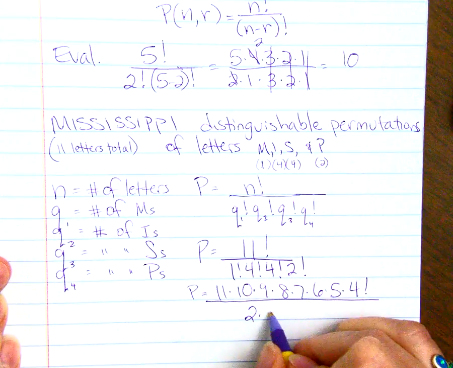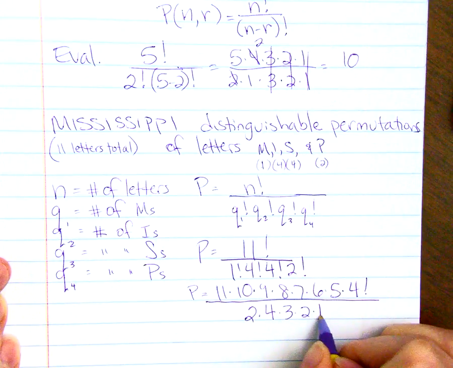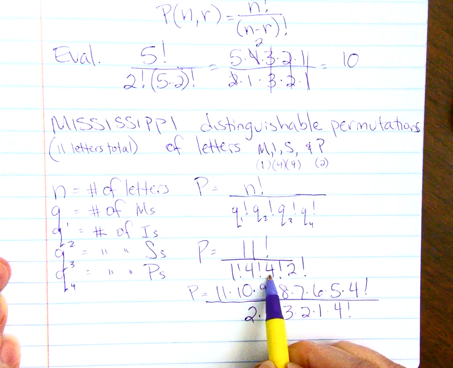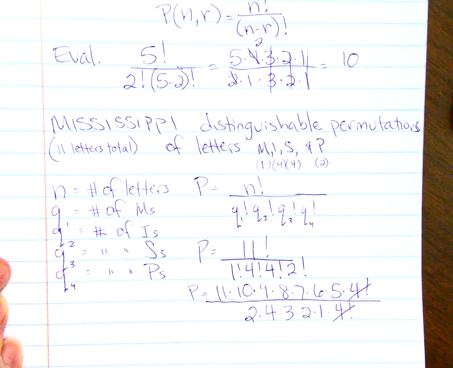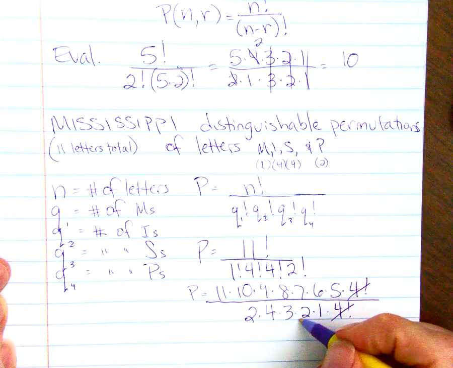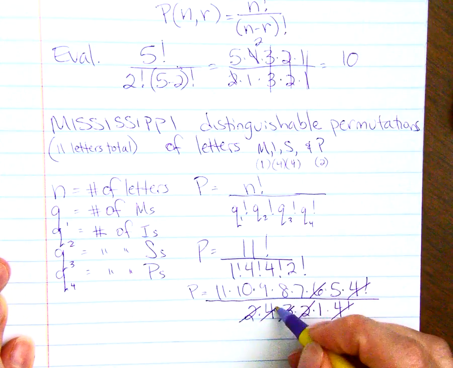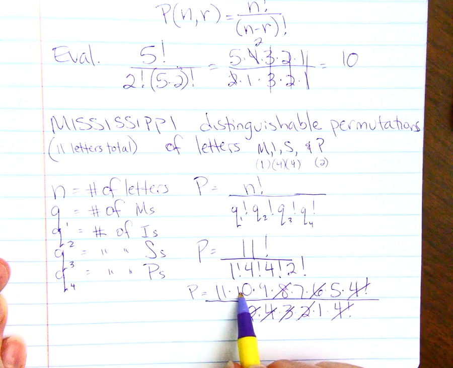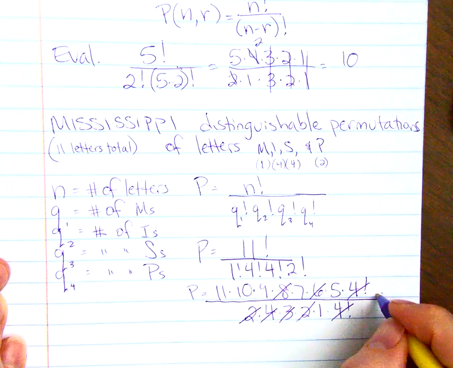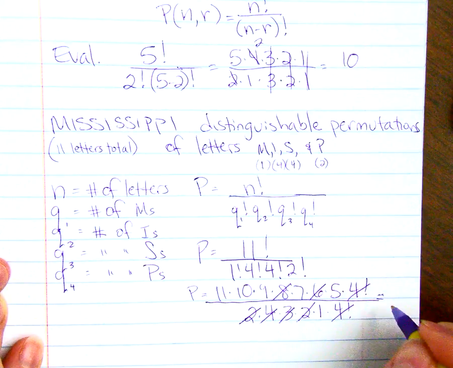So we have 2 times 4 times 3 times 2 times 1, and then times this 4 factorial. I left 1 like this so I could just cancel those. 2 times 3 is 6, so I'm going to cancel that one. 4 times 2 is 8, so I'll cancel that one. So I just have 11 times 10 times 9 times 7 times 5, which is 34,650.